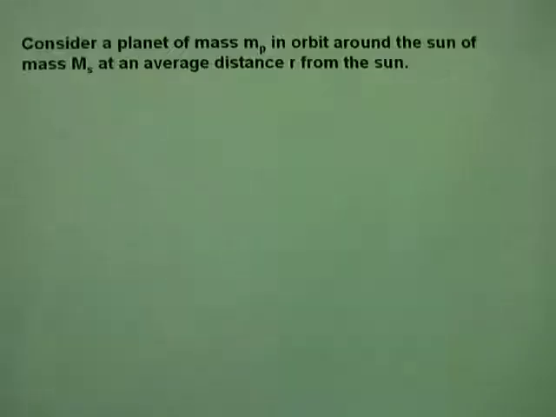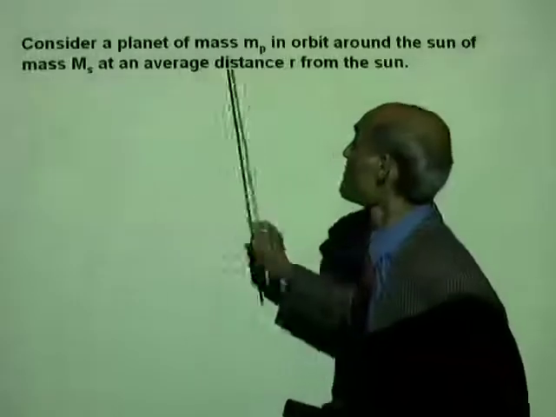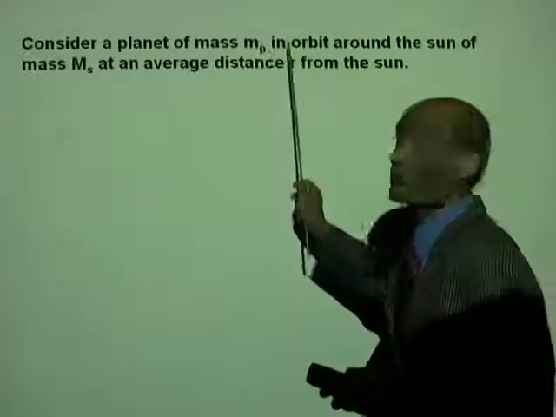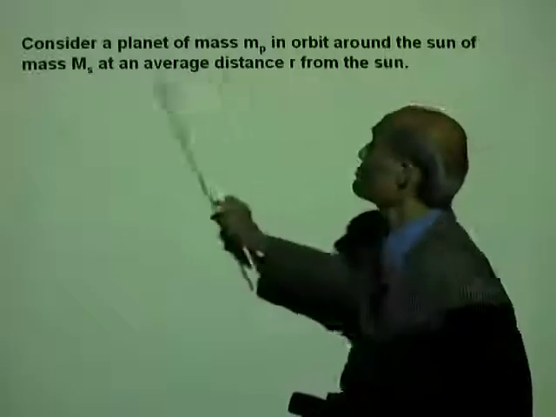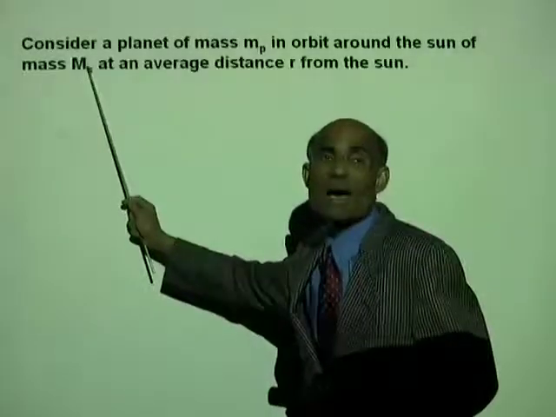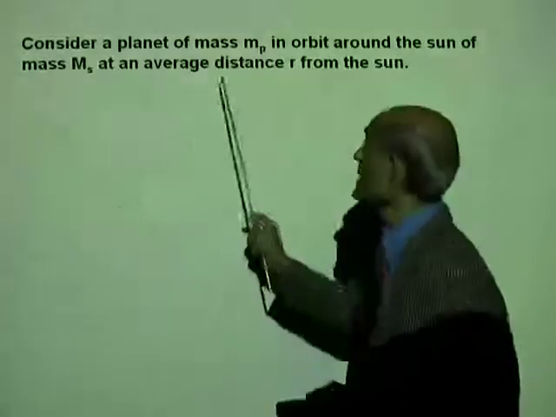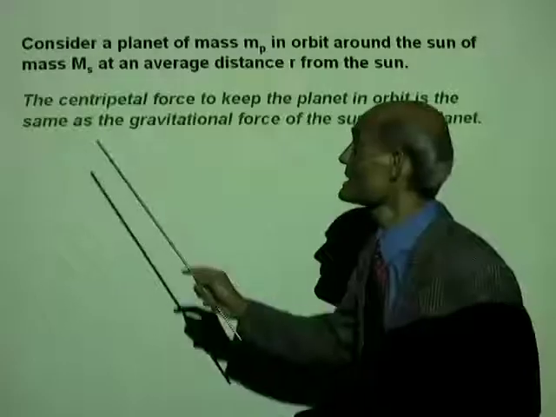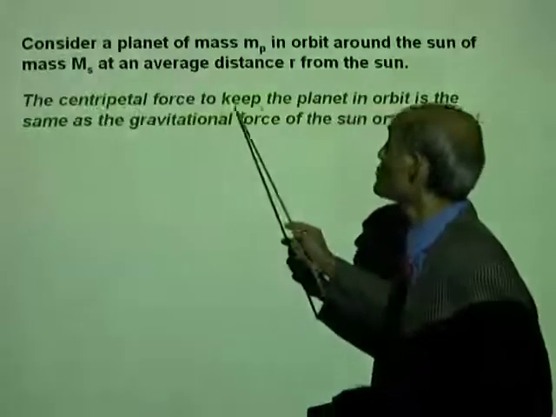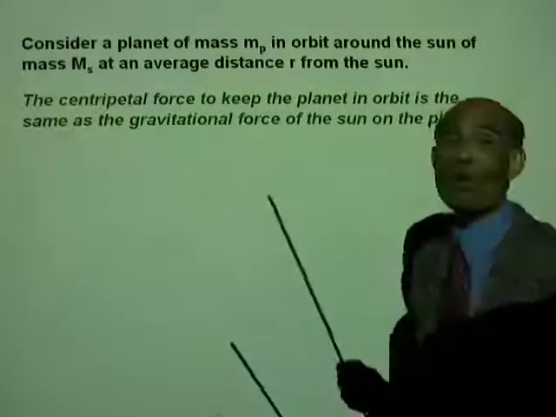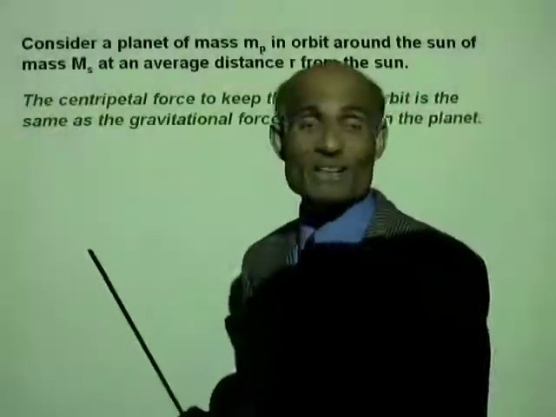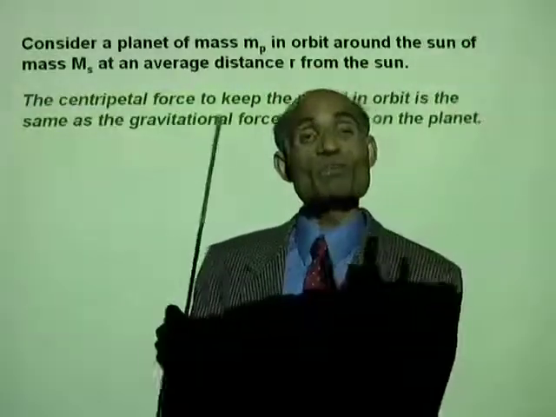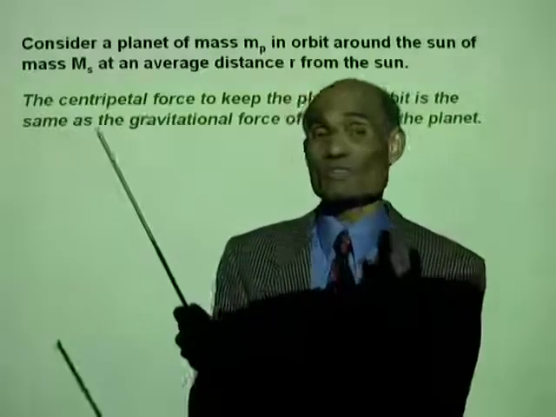Okay. Now, consider a planet of mass m sub p, mass of planet, in an orbit around the sun of mass M sub s, at an average distance r from the sun. All right? The centripetal force to keep the planet in orbit, you remember we talked about it, is provided by what force?